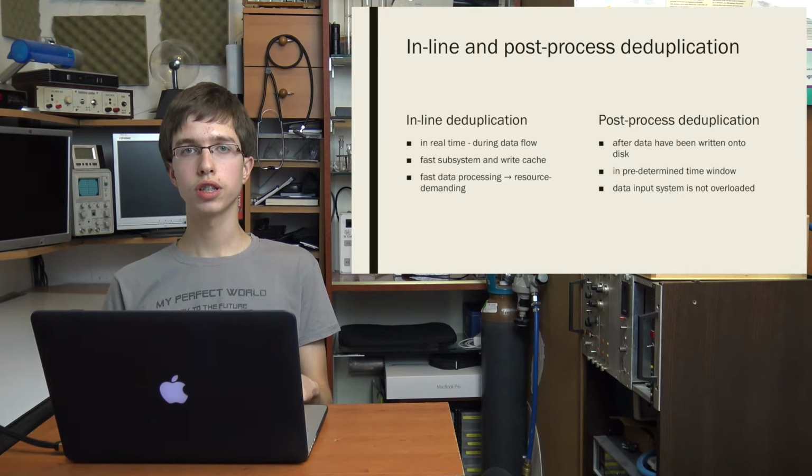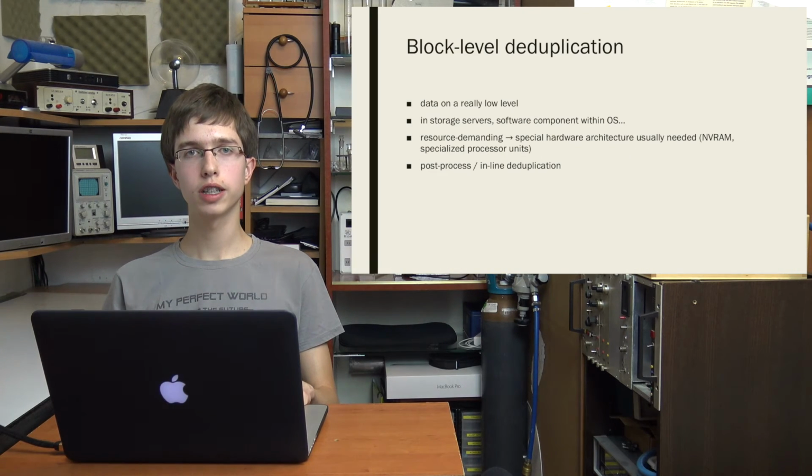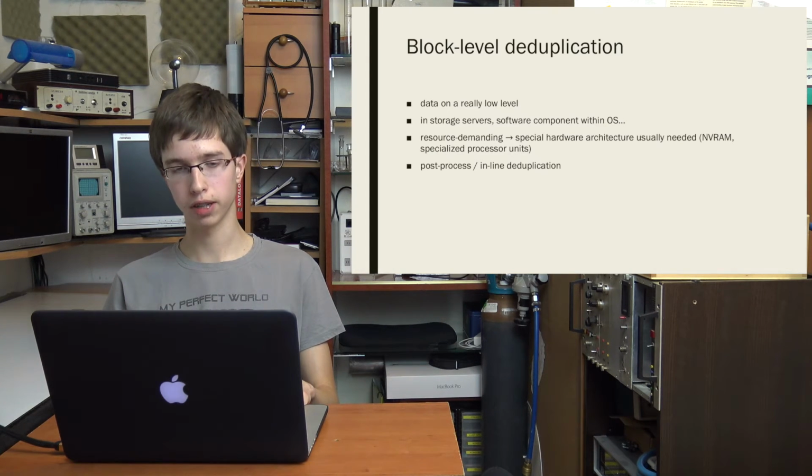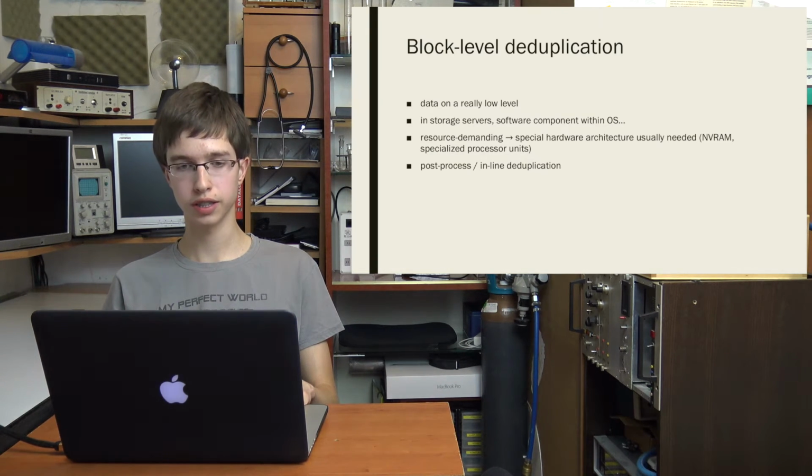Deduplication is mostly used in two cases, in block level and in file level deduplication. Block level deduplication. This type of deduplication requires software to be aware of data on a really low level. It is mostly used in storage servers and as a software component within operating systems.